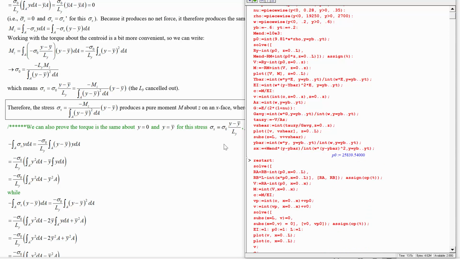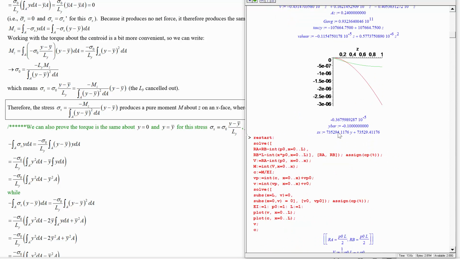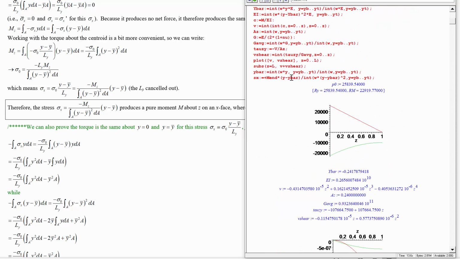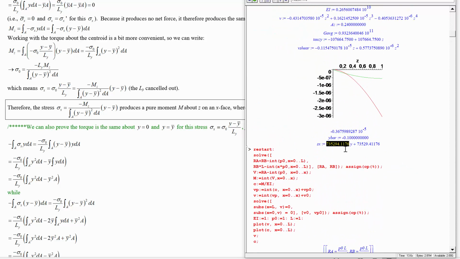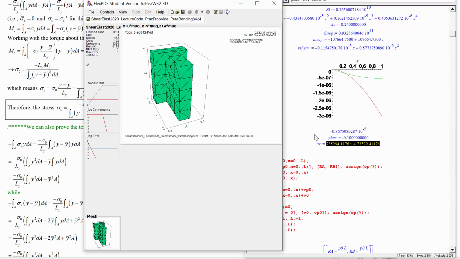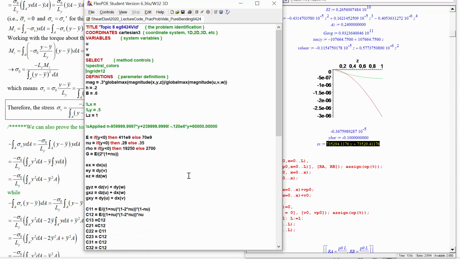So this should be the stress that we need to apply on that face. It's higher at higher y values, which is indeed going to make it bend in the right direction, so we got the negative sign right. And if we haven't made any mistakes, and it's so easy to do, then we should have the bending moment applied correctly if we put this stress on the top Z surface.